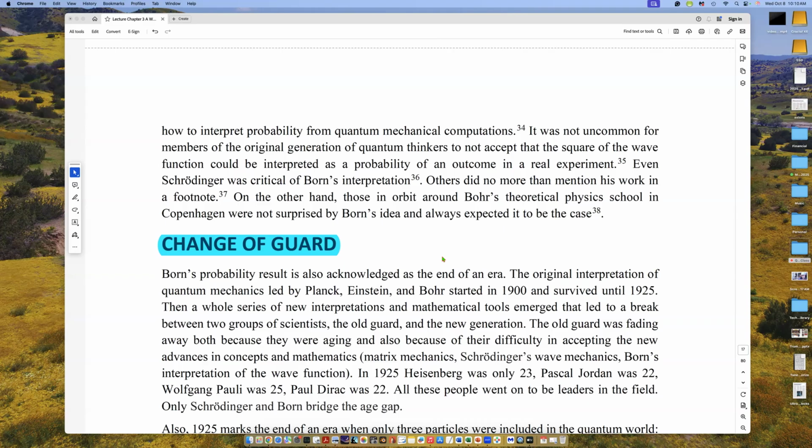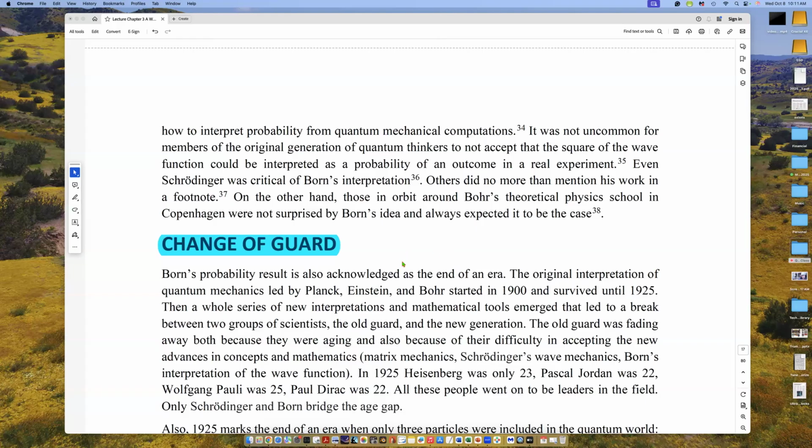Einstein was kind of in the middle of this, but Max Planck and Rutherford and a large number of the pioneers who were so influential from 1900 to the early 1920s were fading away.